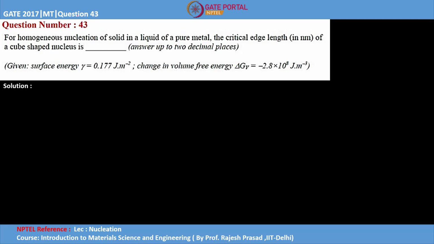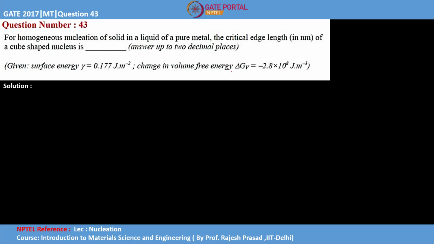This is question number 43 of GATE 2017 Metallurgical Engineering. For homogeneous nucleation of solid in a liquid of a pure metal, the critical edge length in nanometer of a cube shaped nucleus is given surface energy equal to 0.177 joule per meter square.